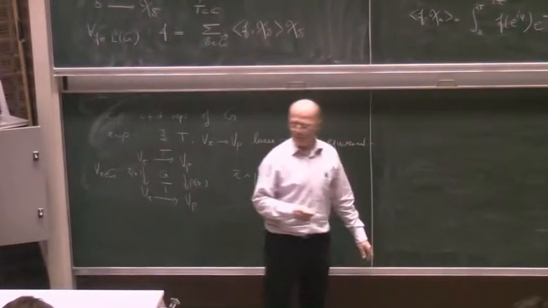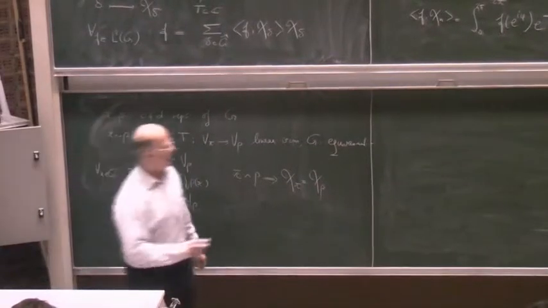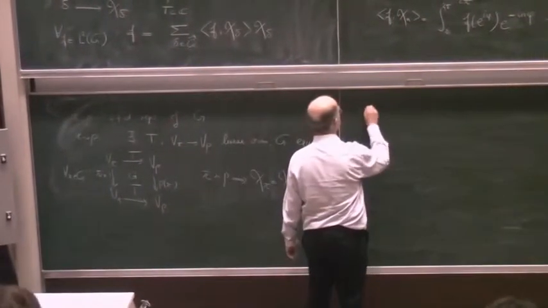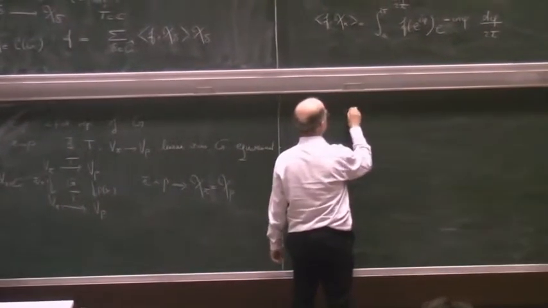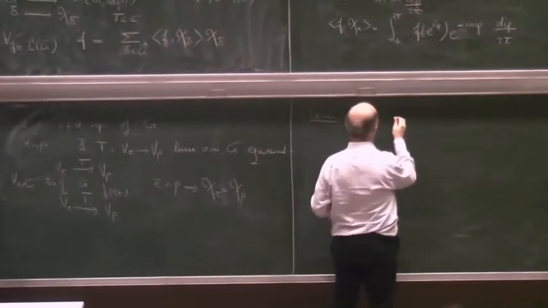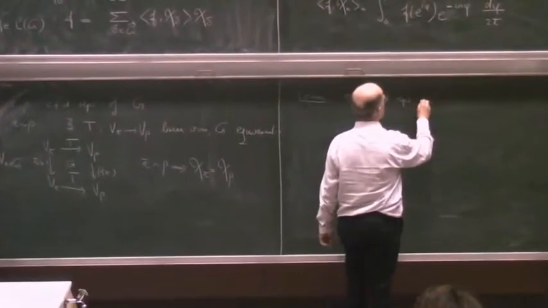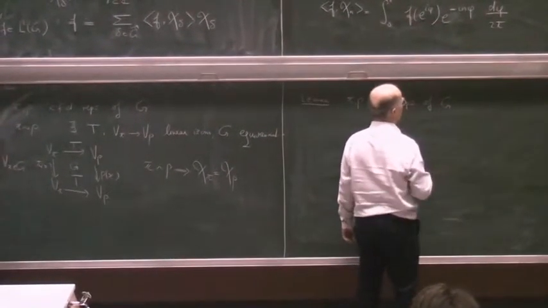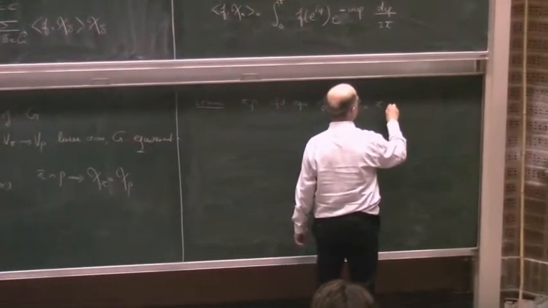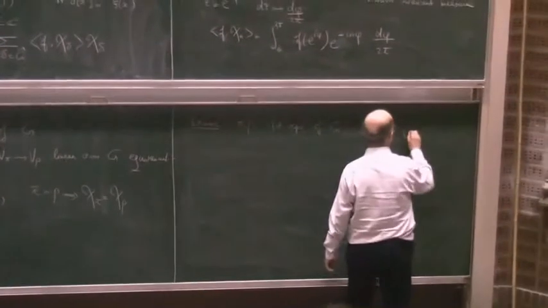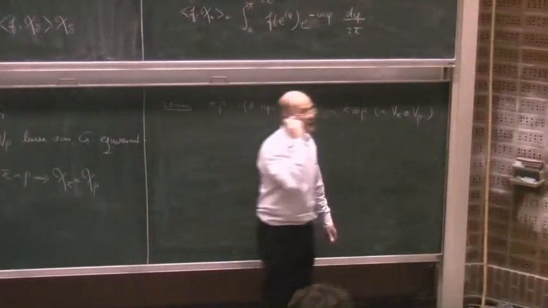But for this proof we need a property of characters. So, lemma. Suppose that pi and rho are continuous finite dimensional representations of G, then this will give us a representation pi direct sum rho in V pi direct sum V rho in an obvious manner.